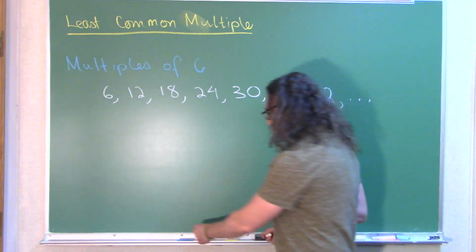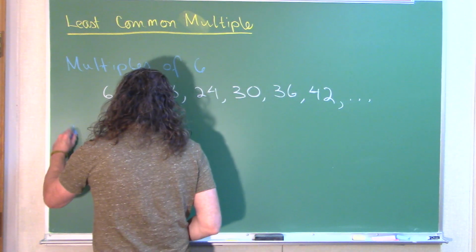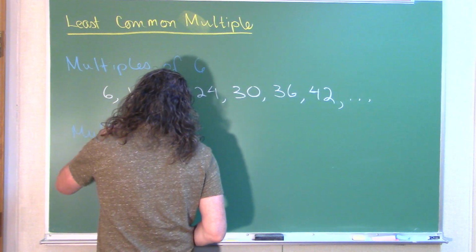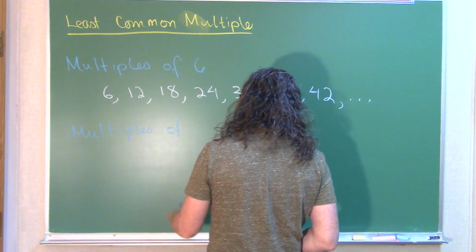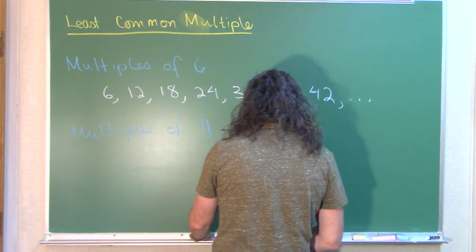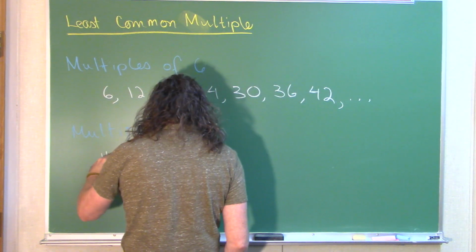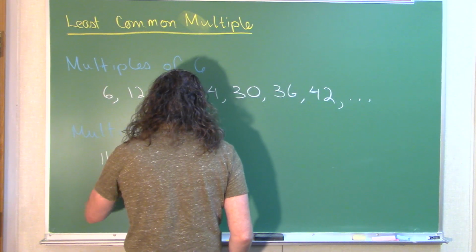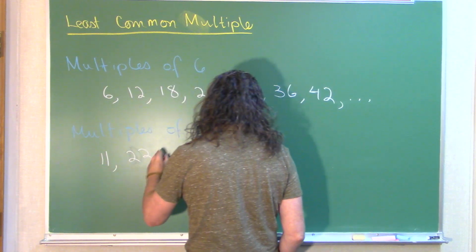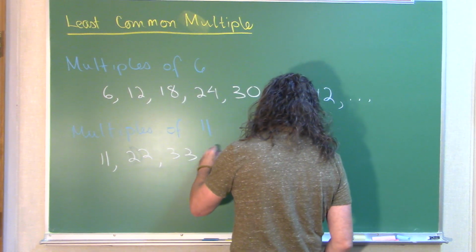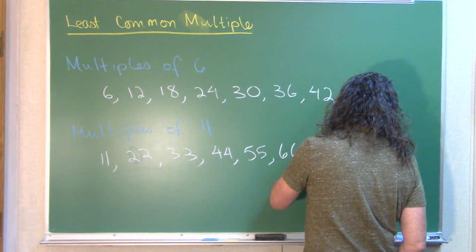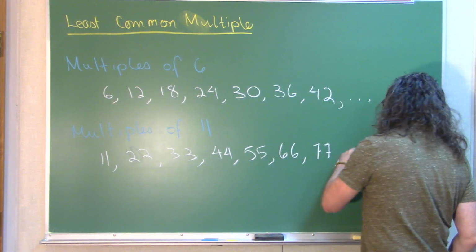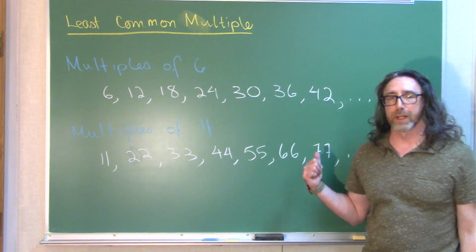If we wanted to do multiples of 11, the multiples of 11 would be 11, 22, 33, 44, 55, 66, 77, and so on for as long as you care to go.